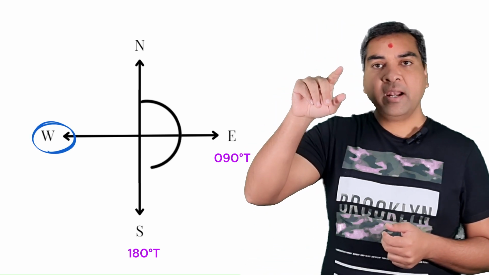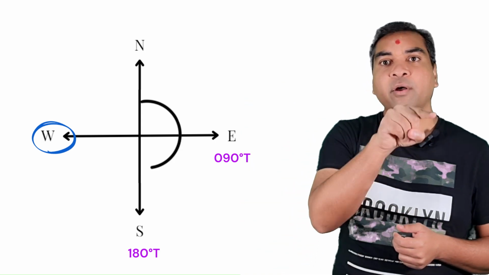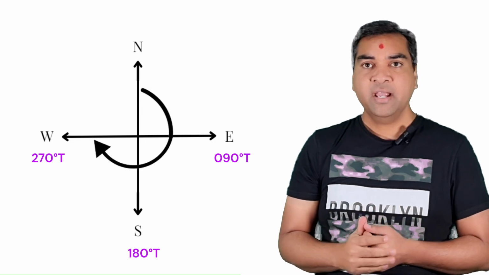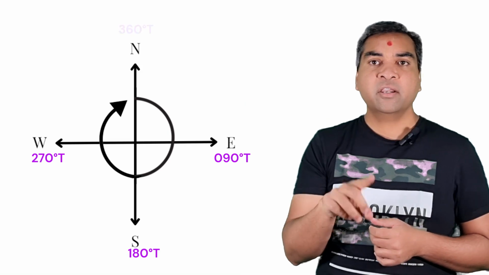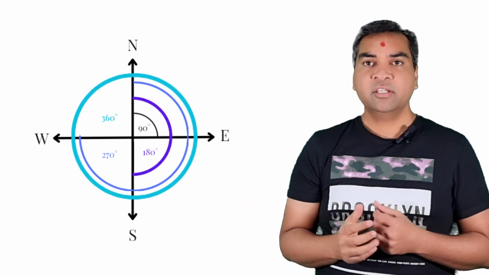If I make an angle from the north axis all the way clockwise to the west, that angle is going to be 270. And if I make the full round, north to north, that is going to be 360. So 90 degrees, 180, 270 and 360 will serve as reference angles to find the bearing of different paths.